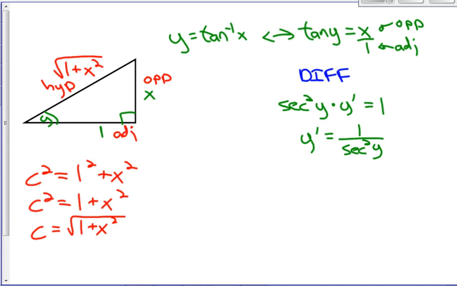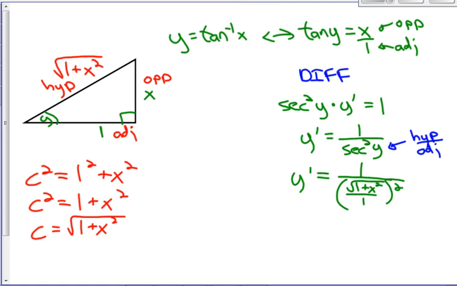If we want to use that in secant, well, secant is the friend of cosine. Cosine's adjacent over hypotenuse. Secant is going to be hypotenuse over adjacent. And it's going to need to be squared. So we get 1 over hypotenuse over adjacent, which is 1, all squared.